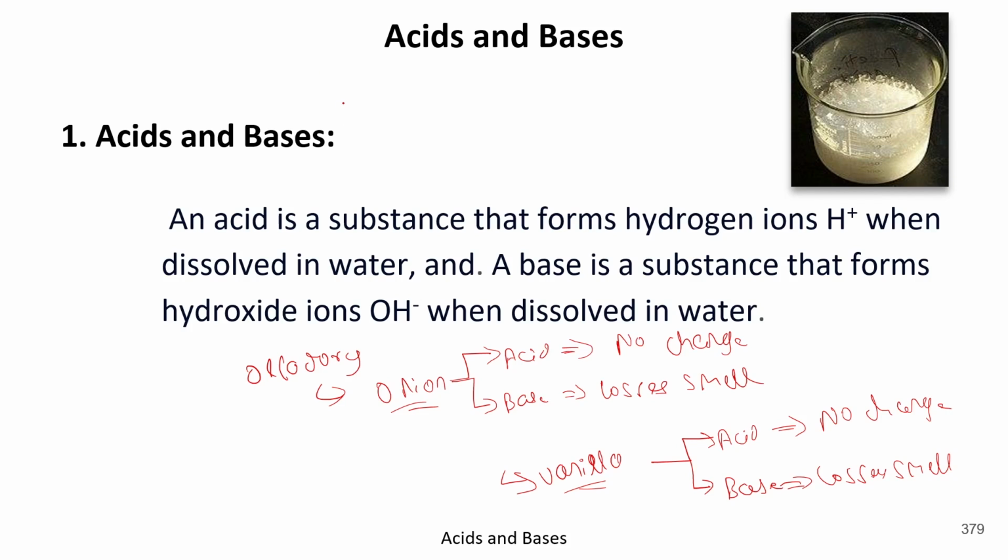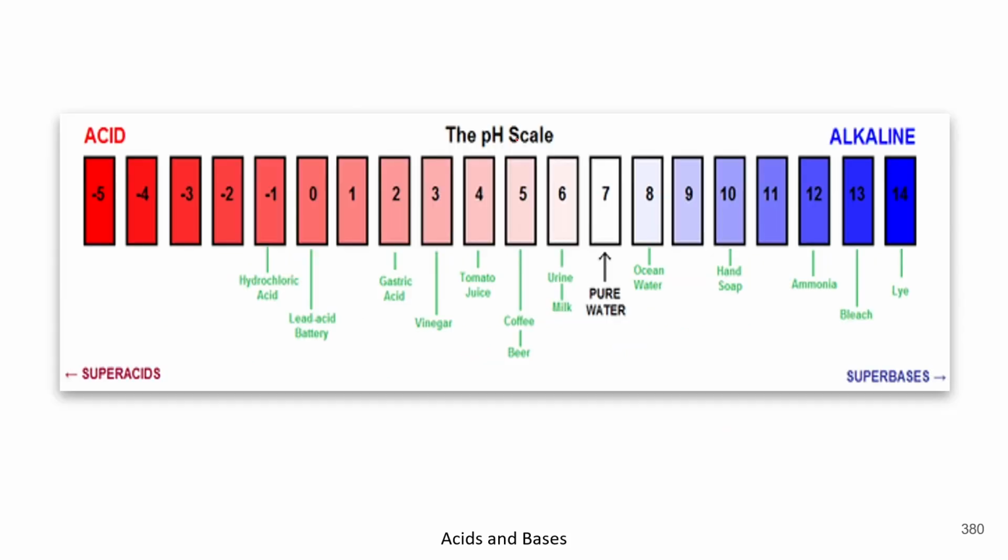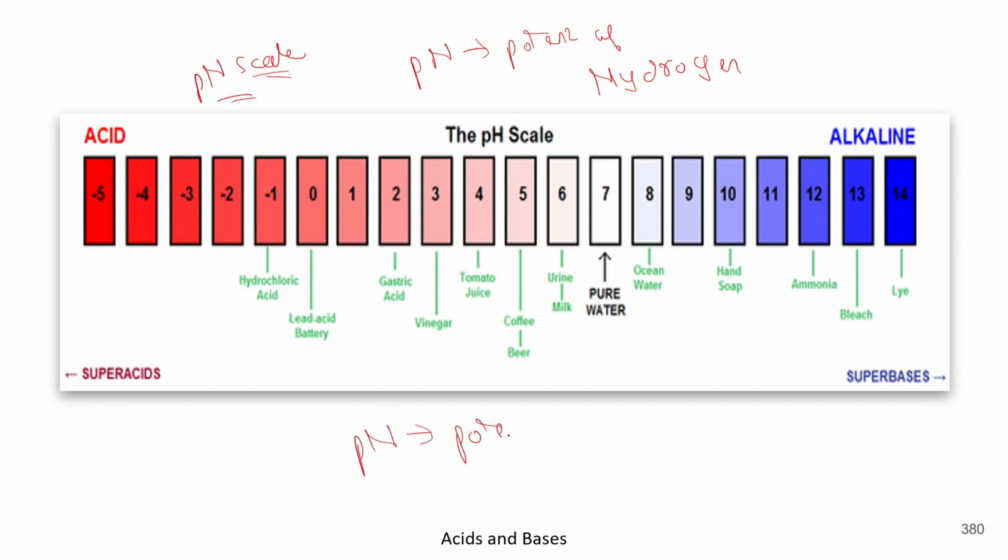Okay, now let's come to the artificial indicators. So this is our artificial indicator, which is known as the pH scale, where pH stands for potency of hydrogen, or more precisely, potential of hydrogen.